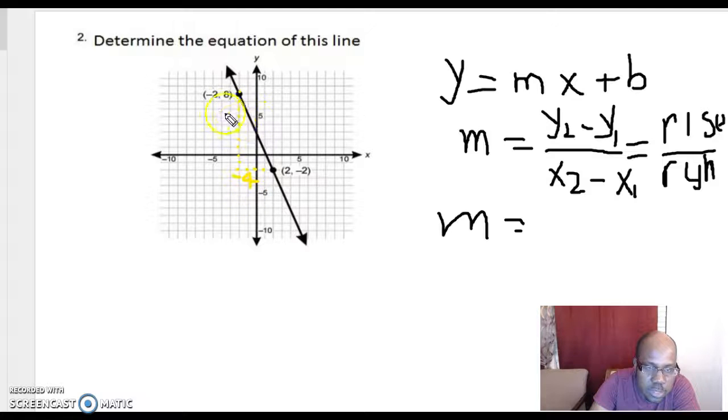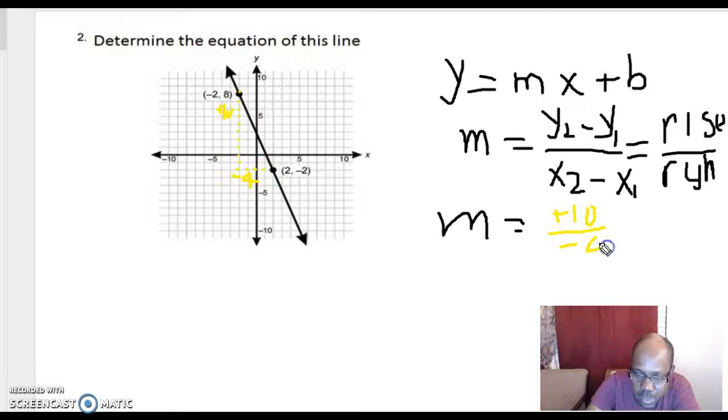That's plus 10, because I go up. The rise is plus 10. That's going to be my rise over run. The run is 1, 2, 3, 4, minus 4.